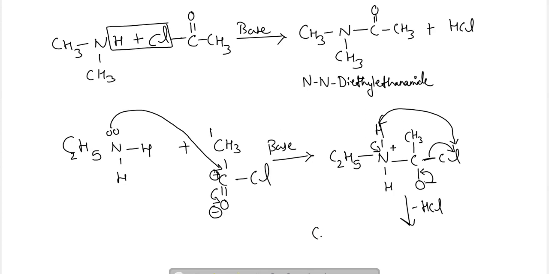Now the left out compound rearranges itself to form the amide, and HCl is released. So this is the acylation of the amines.